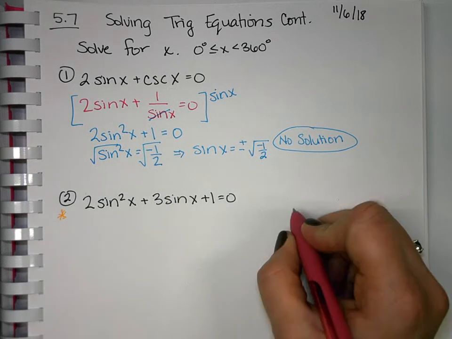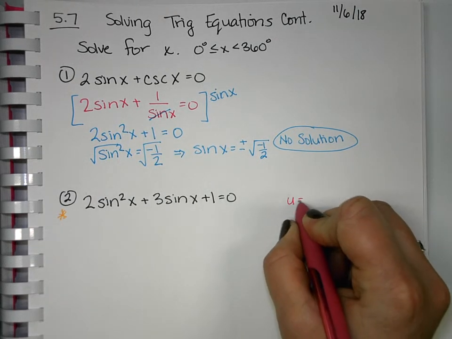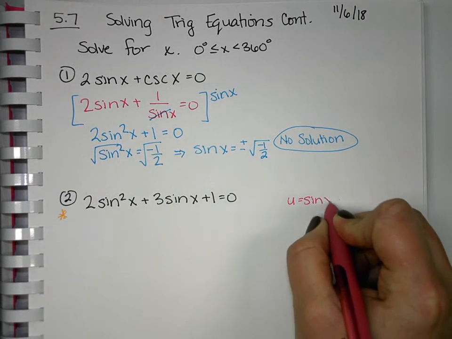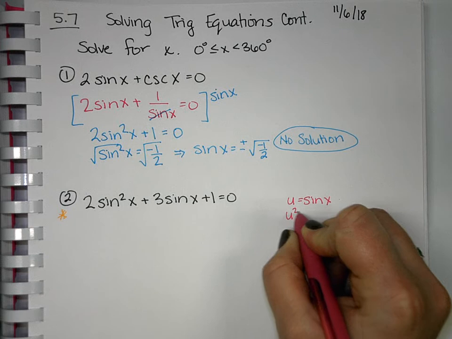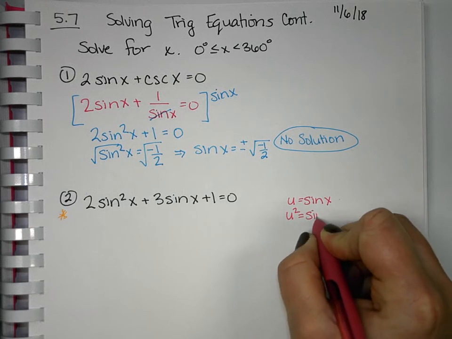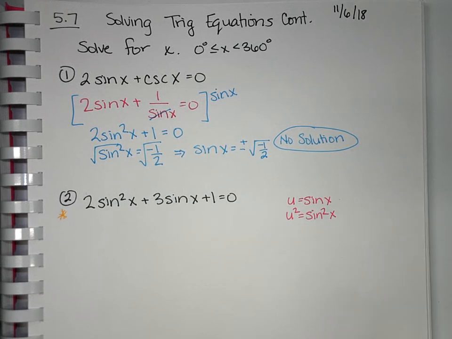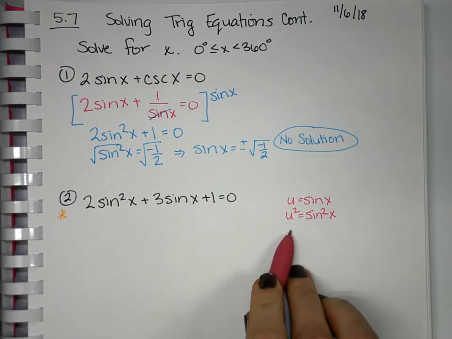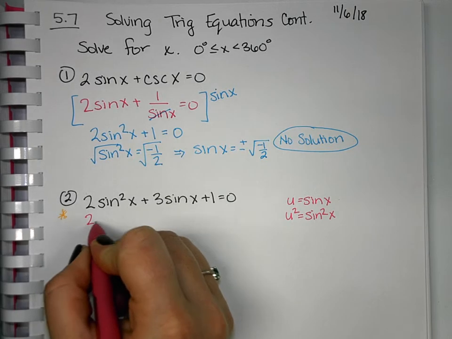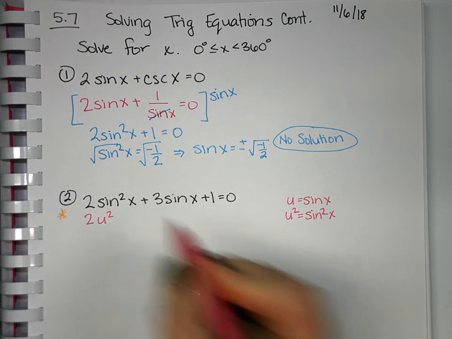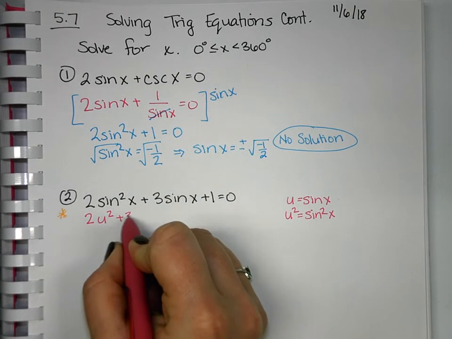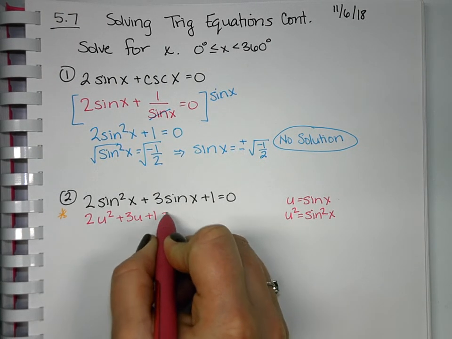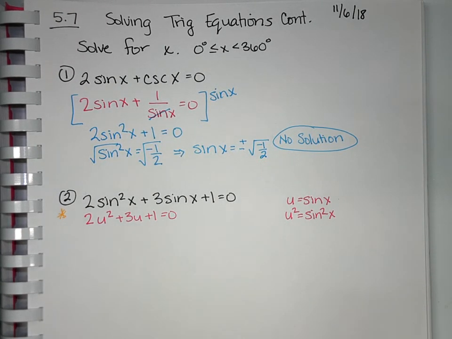If you need to do a u substitution, let u equal sine of x and u squared equals sine squared x. If you do the u substitution, your next step would be 2u squared plus 3u plus 1 equals 0, and then you can factor and then do your substitution at the end.